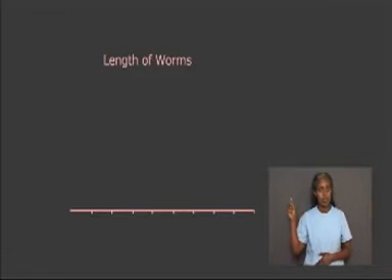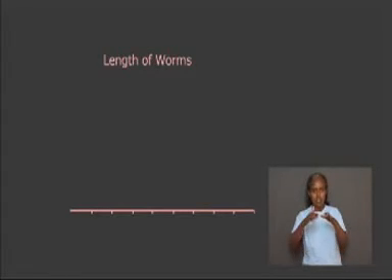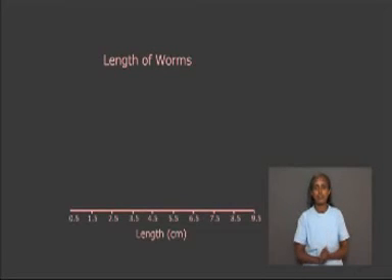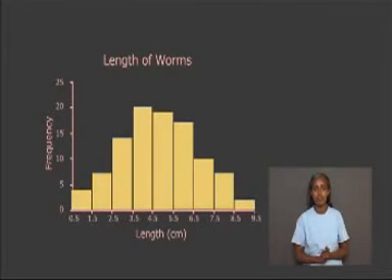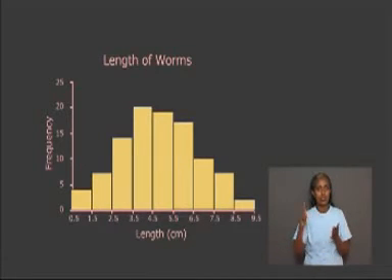Here, we see that the class boundaries are the lengths. The third step is to determine the class interval by the width of the bars. Based on our data, the intervals are 1 centimeter. Finally, the y-axis is added, and the height of each bar is marked to indicate the frequency.